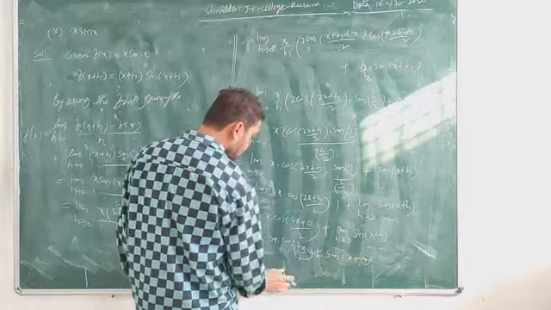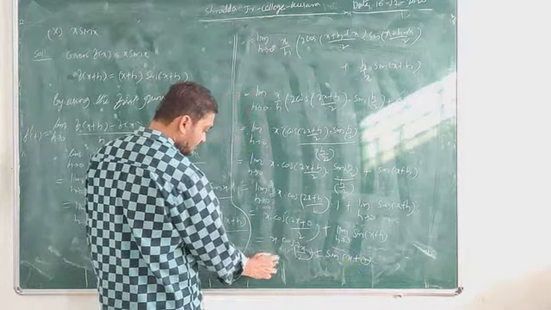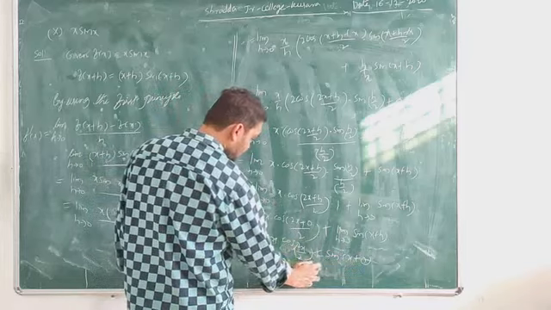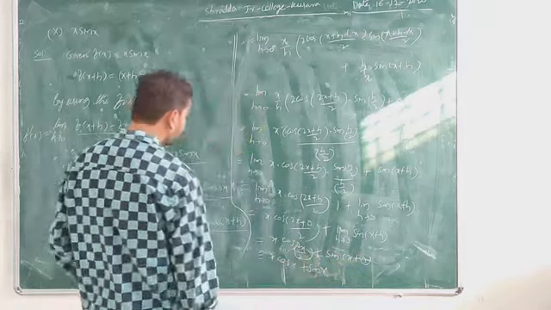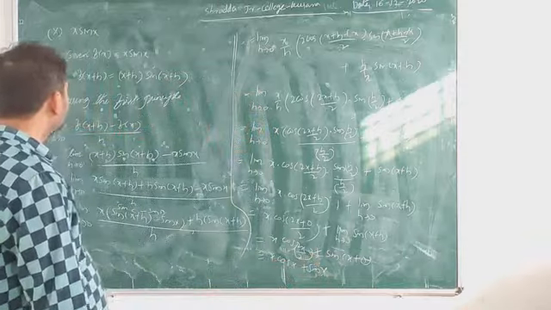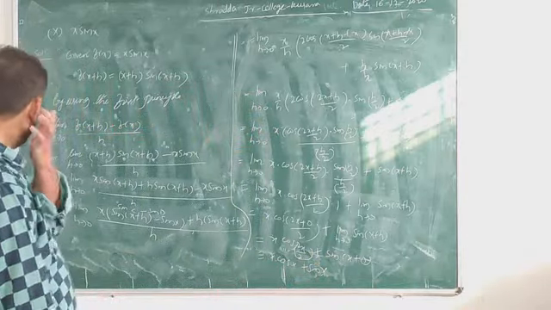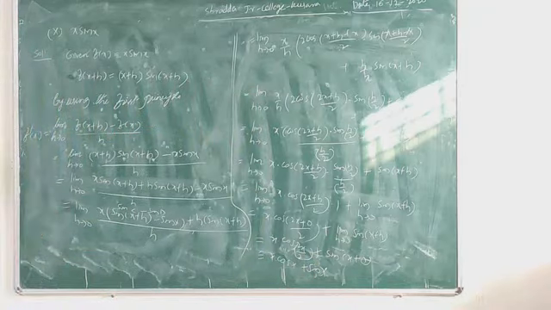The 2 gets cancelled, then it is x cos x plus sin x. So now this is our required answer.